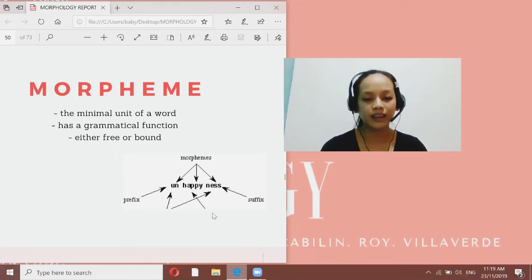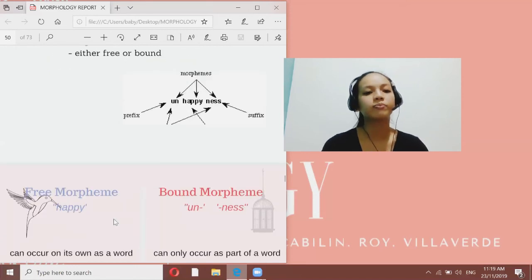Okay, so let's take this word for example. Unhappiness. As you can see, the word is divided into three, which means there are three morphemes in the word unhappiness. We have the prefix un, that's one morpheme, happy, or the root, and the suffix ness. So it's composed of three morphemes.